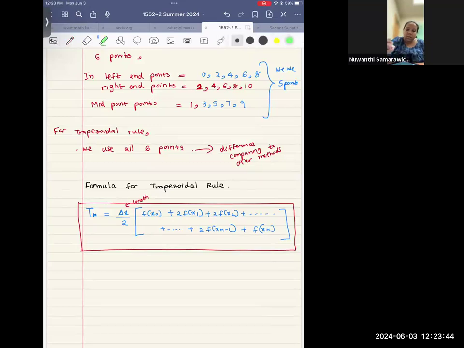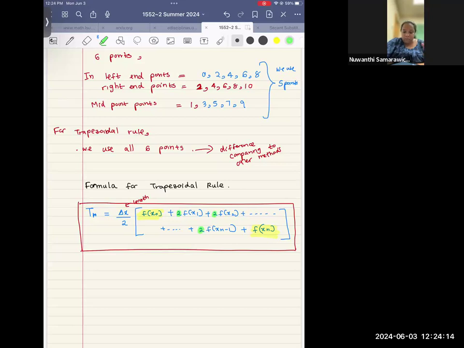Now just notice that the first term and the last term in the trapezoid rule, we don't multiply by 2. That means on the real line, the first point and the last point of the y values, we don't multiply by 2. But all the other points, we multiply by 2.